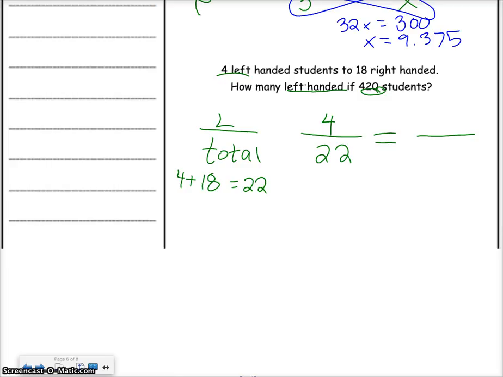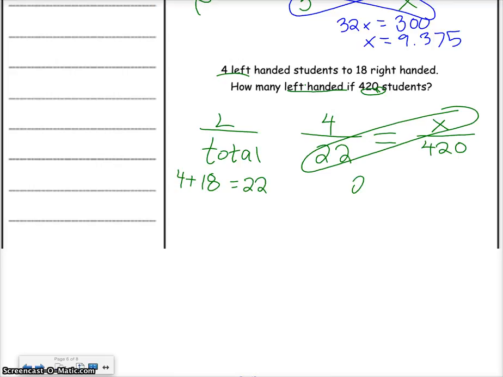So where should this 420 go, top or bottom? Top is left. Is this 420 left? No, it's a total. It should go on the bottom. That's why I write my L over total. Because then I know where I should align it. And my eyes go over here. Oh, a total should be on the bottom.